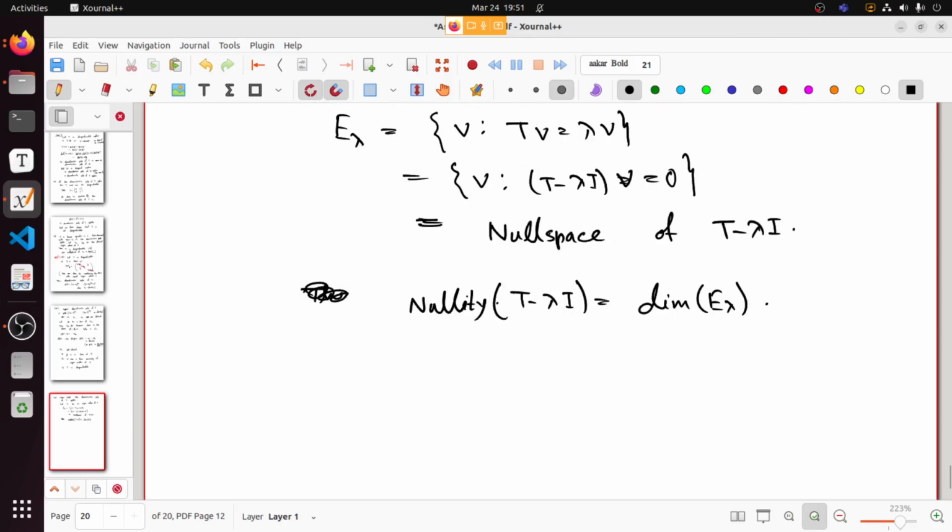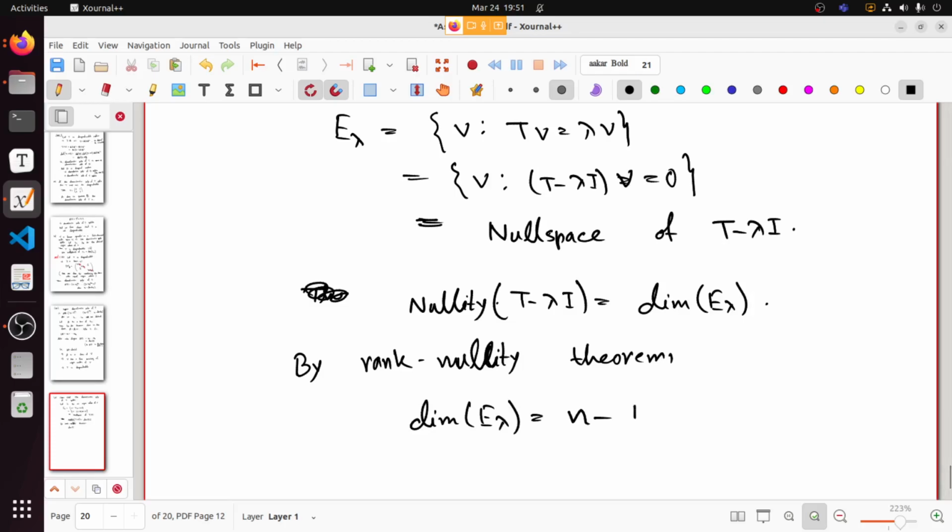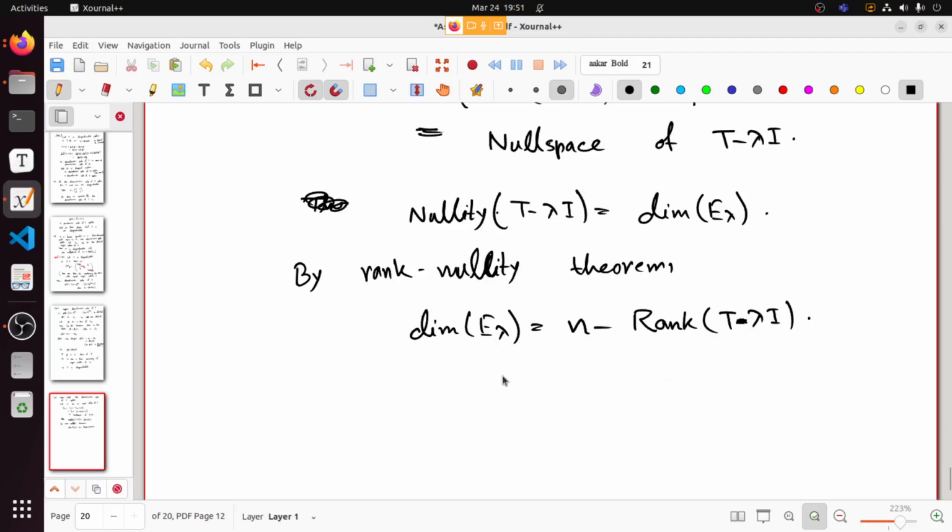Therefore, by the rank nullity theorem, the dimension of E lambda can also be written as n minus the rank of T minus lambda I. So what we have seen here is that the dimension of E lambda is n minus rank of T minus lambda I. Now we will show that the multiplicity may not always be equal to this.